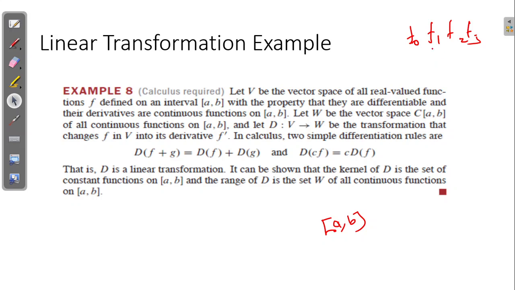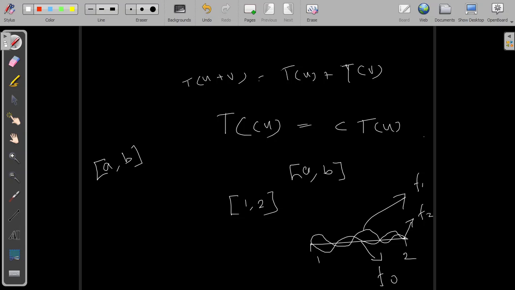The author has defined the vector space as real valued functions f defined on interval AB with the property that they are differentiable and their derivatives are continuous functions on AB. Differentiable means, taking this function f1, whether it is differentiable or not. Differentiable means it has a slope.